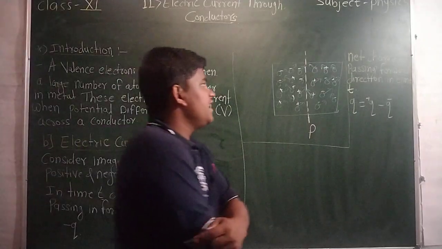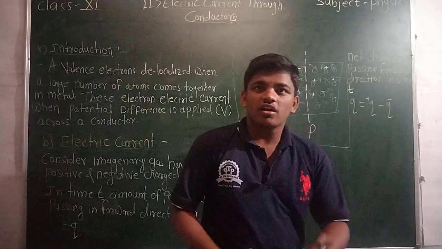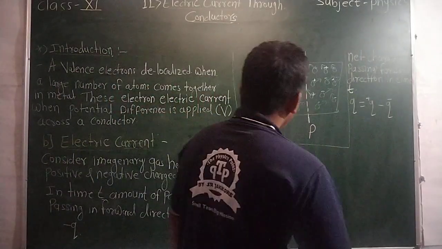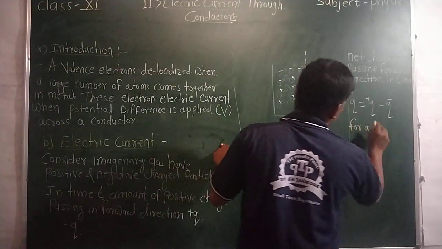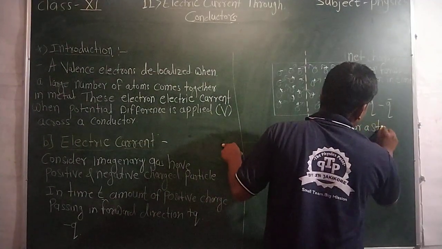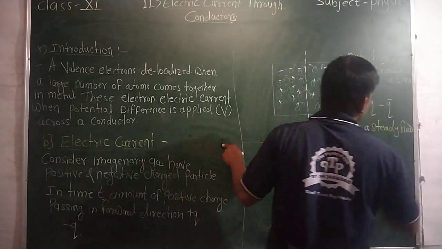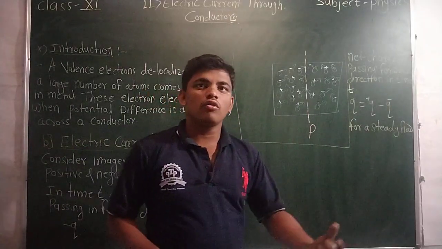And for a steady flow, म्हणजे एखादी स्टेडी फ्लो ऑफ करंट असेल किंवा स्टेडी फ्लो ऑफ चार्जेस असेल, the quantity is proportional to the time t. देन फॉर ए स्टेडी फ्लो म्हणजे कॉन्स्टंट फ्लो असेल, एका टाईममध्ये इतका फ्लो होत असतो.